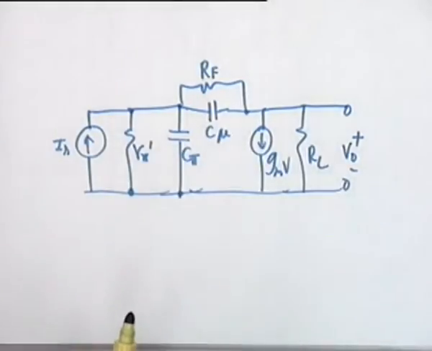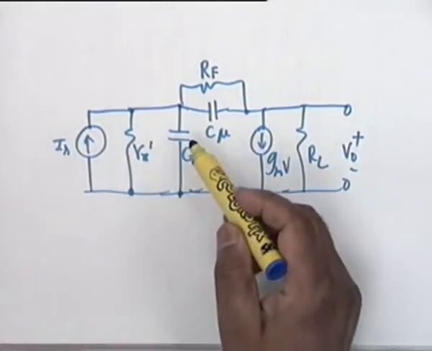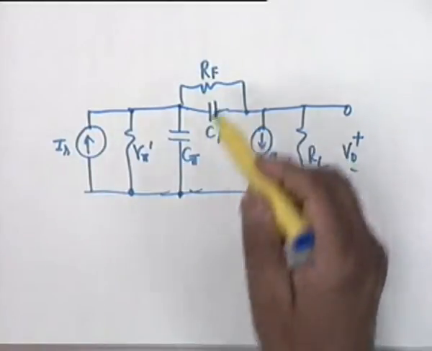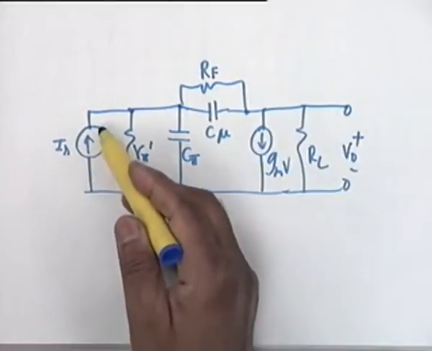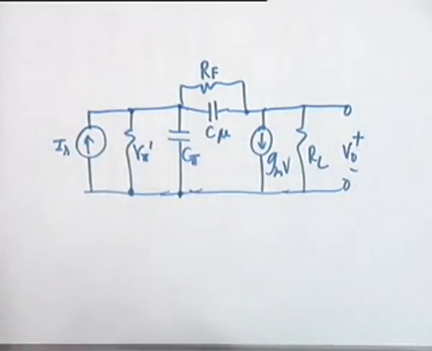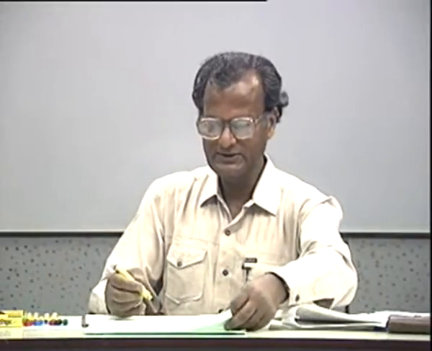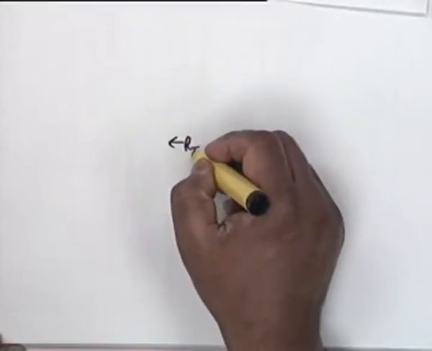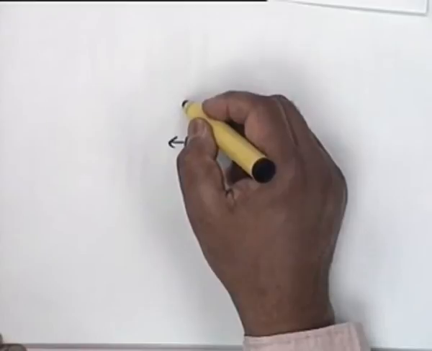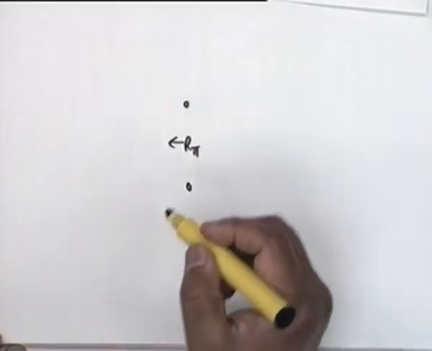Now in this circuit, if you want to calculate, let's say, the resistance seen by C pi, then you have to open circuit C mu, and you have to open circuit IS also. If you do that, then the equivalent circuit for calculation of R pi, that is the resistance seen by C pi, I am drawing it from the equivalent circuit.